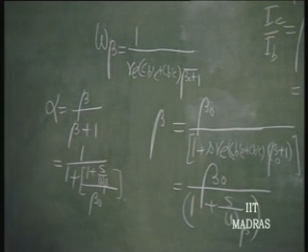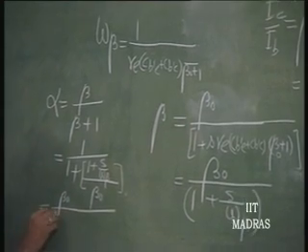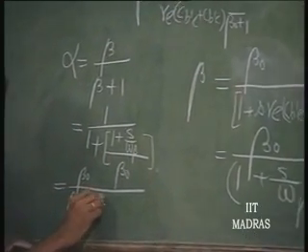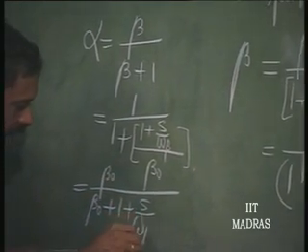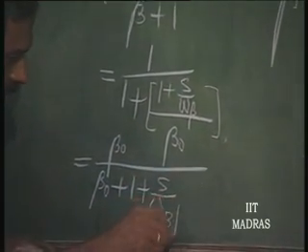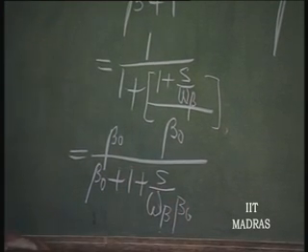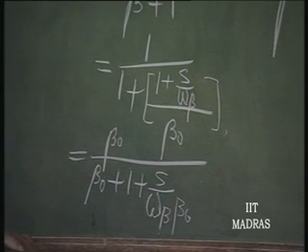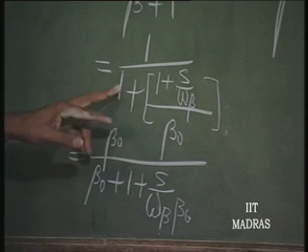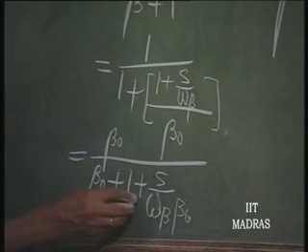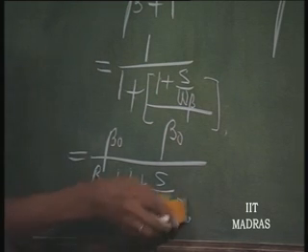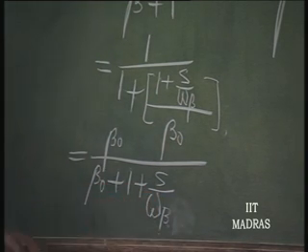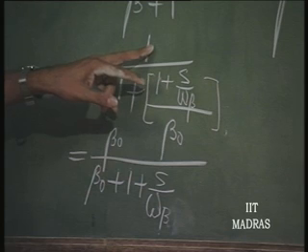Okay. So, we will rewrite this as beta naught divided by beta naught plus 1 plus S by omega beta into beta naught. One plus 1 by beta naught, that is, this beta naught comes to the numerator.